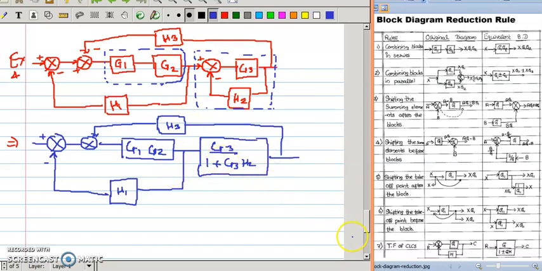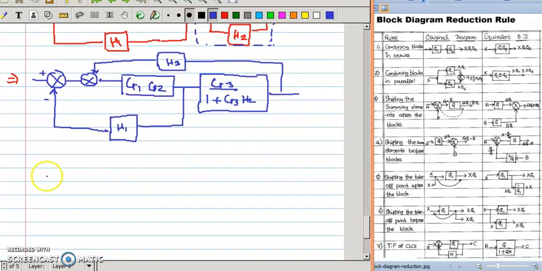Now what to do in the next step? See, there is nothing to do, because the mixer is mixed here. We can't use elimination of H1 feedback. We can't use elimination of H3 because everything is mixed.